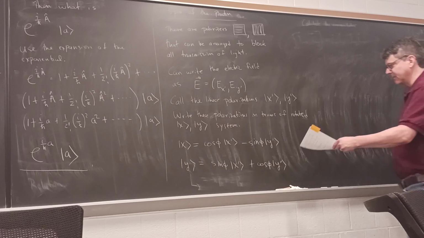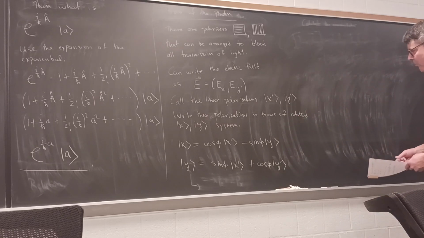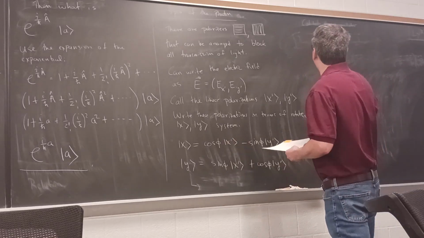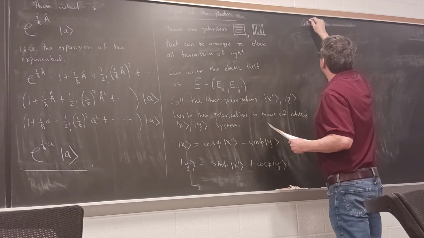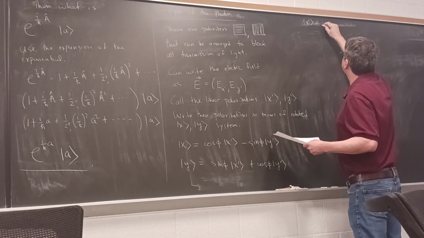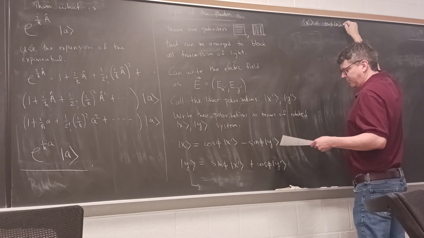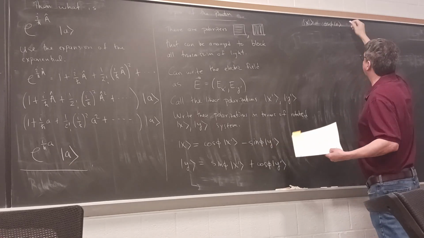Okay, and so that means if I want to write x prime y prime in terms of xy, that means x prime will be cosine phi x. I think if I'm going the other way, then right?